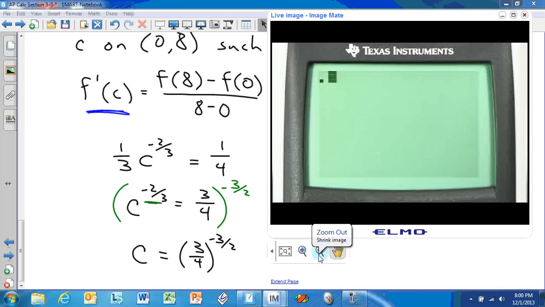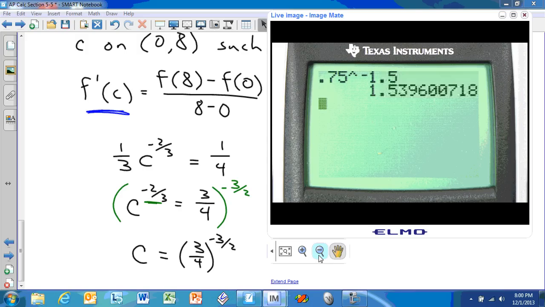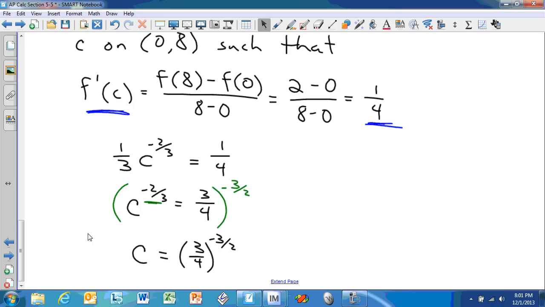So if we take 0.75 and raise it to the negative 1.5, 3/4 is 0.75, negative 3/2 is negative 1.5, we get 1.5396. And that definitely is in the interval from 0 to 8, so that's the number we're looking for.